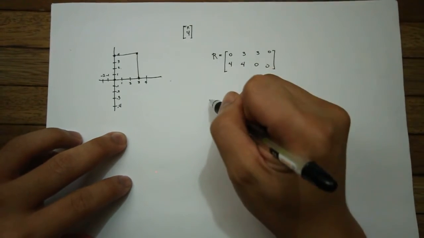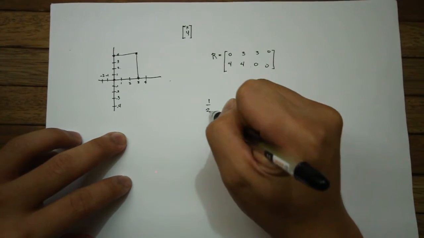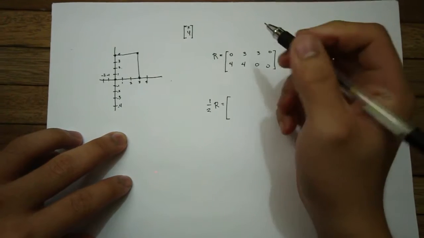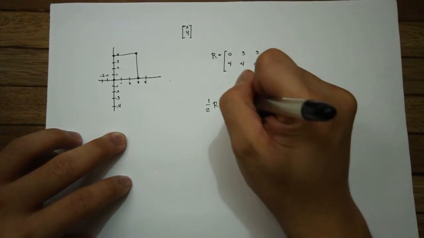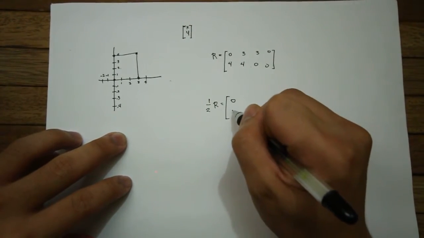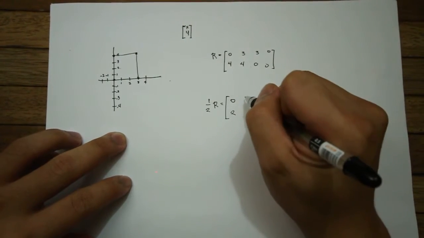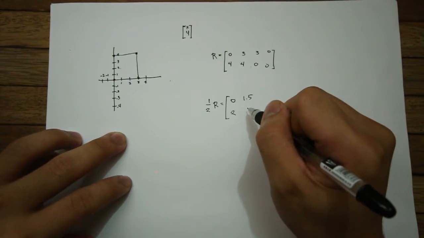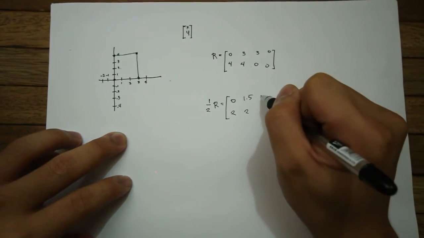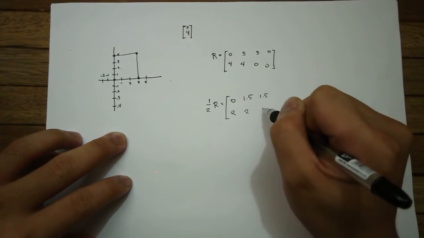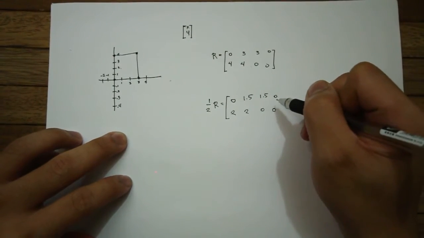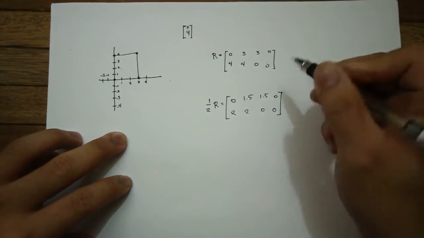So all we have to do is 1/2 r is equal to 1/2 of 0 is still 0, and 4 is going to be 2, 3 is going to be 1.5, 4, 2, 1.5, 0, 0, and you got that right, 0.